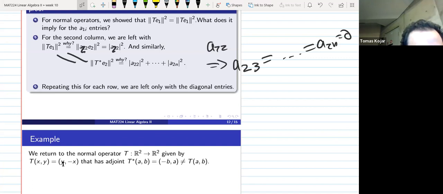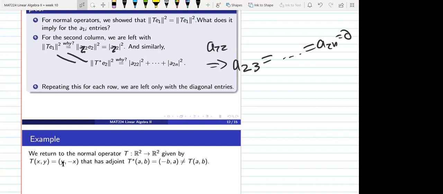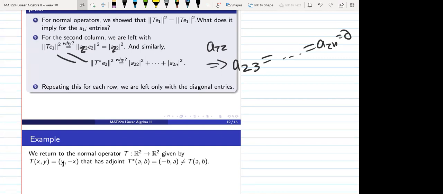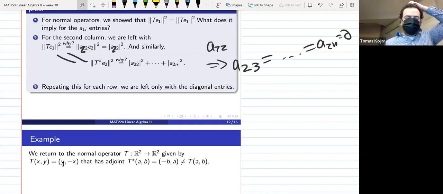Shazwan, what's your question? I was just wondering, so this is the process that we use to actually show that we can write the normal map as purely a diagonal matrix? Yeah, have you seen that somewhere else as well? No, I was just wondering where this was getting to. Yeah, exactly. So we proved the spectral theorem for normal maps.